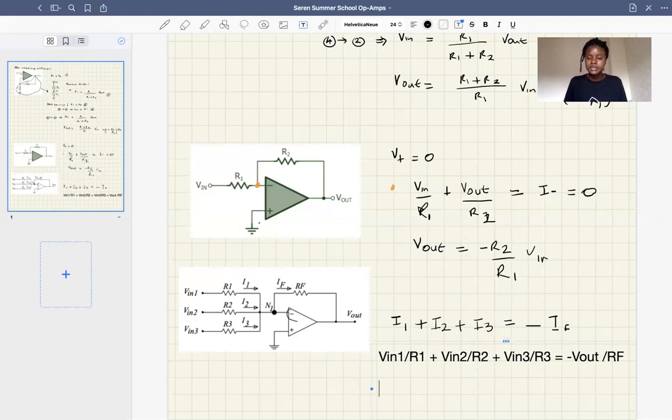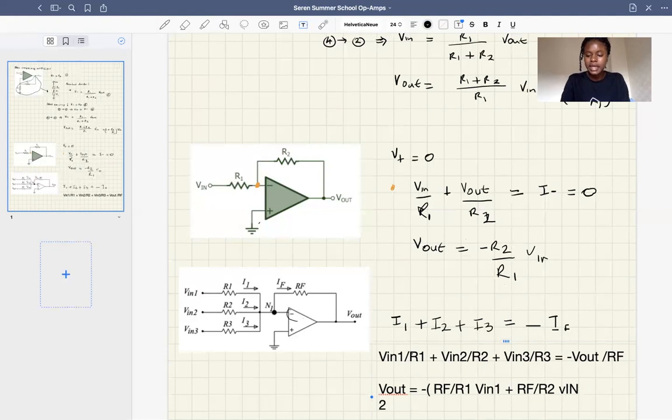And so if we arrange this around, we've got V out is equal to minus RF over R1 multiplied by V in 1, plus RF over R2 multiplied by V in 2, and you get the gist.